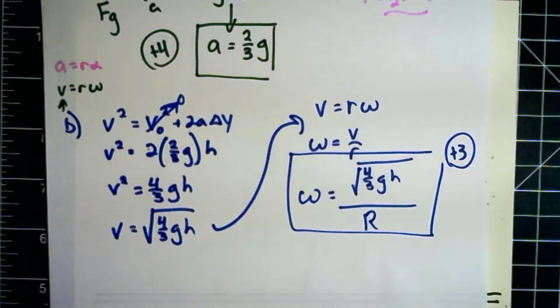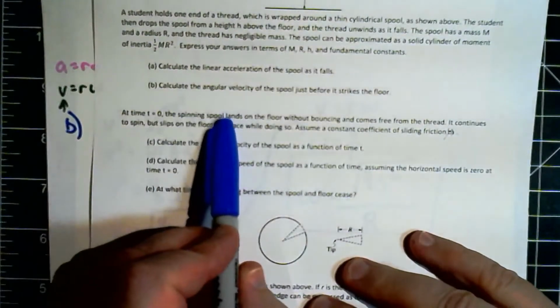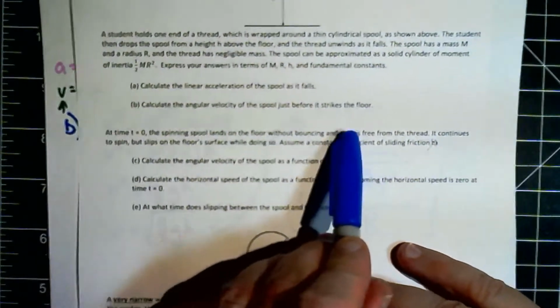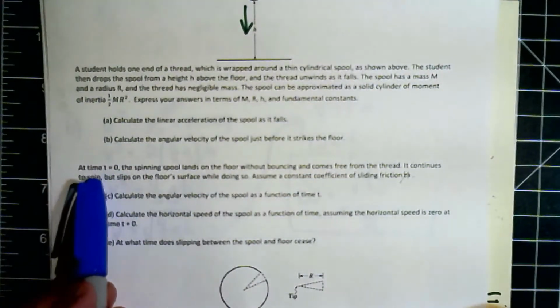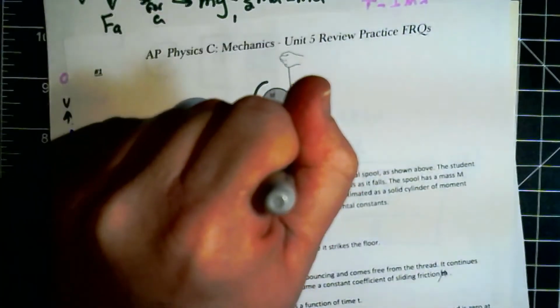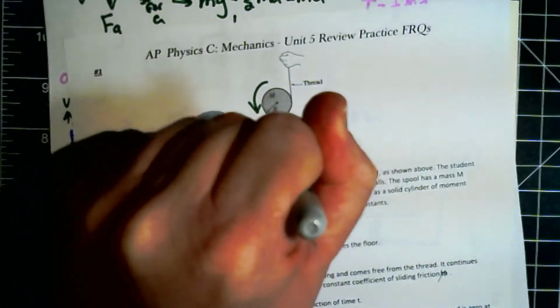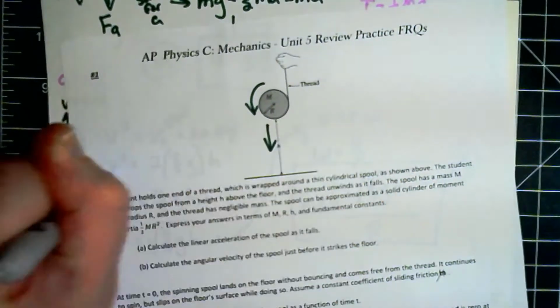All right, now part C says at time t equals 0, the spinning spool lands on the floor without bouncing and comes free from the thread. It continues to spin but slips on the floor's surface while doing so. So it lands and hits, and it kind of spins out a little bit before friction takes over and it's going to start to move.